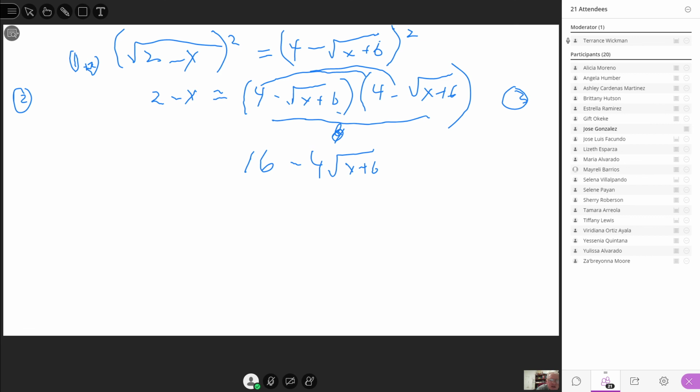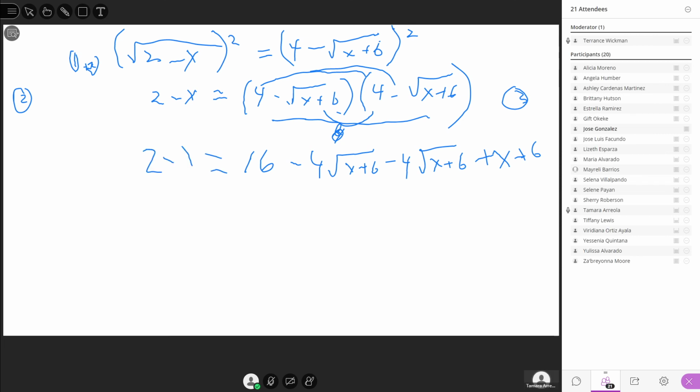This times this is another negative 4 square root of x plus 6. And when you take the square root of x plus 6 times the square root of x plus 6, you get whatever's inside, plus x plus 6. Everybody okay with that?